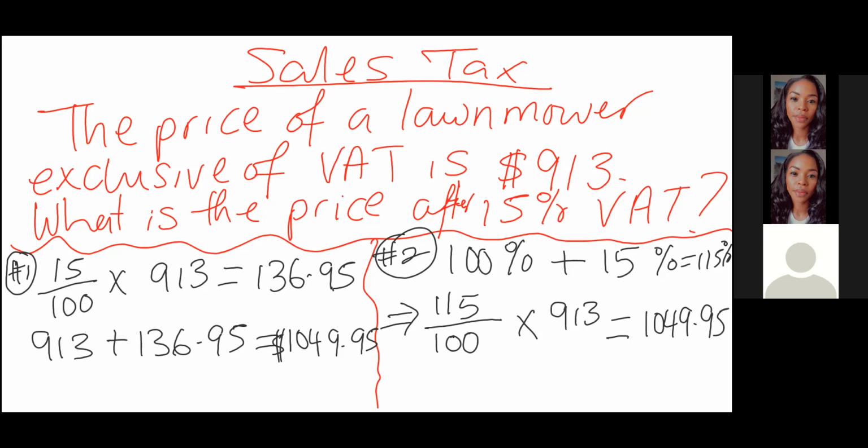This is what we want, the price with VAT. So we put the 115 over the price that we have and the percentage we have, which is 913, which represents 100%, and then we multiply it by our price. Both of them will give us the same answer.